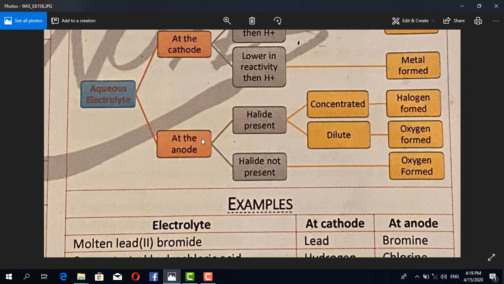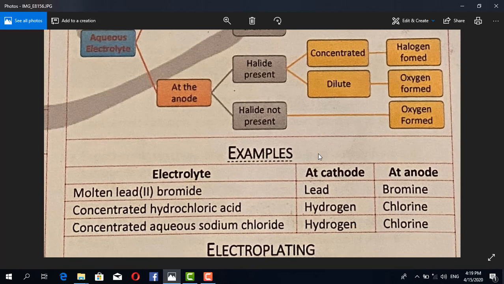As for the anode, there is either a halide present or not. If a halide is present and concentrated, a halogen is formed, or if dilute, meaning not highly concentrated, oxygen is formed. When no halide is present, oxygen is formed.